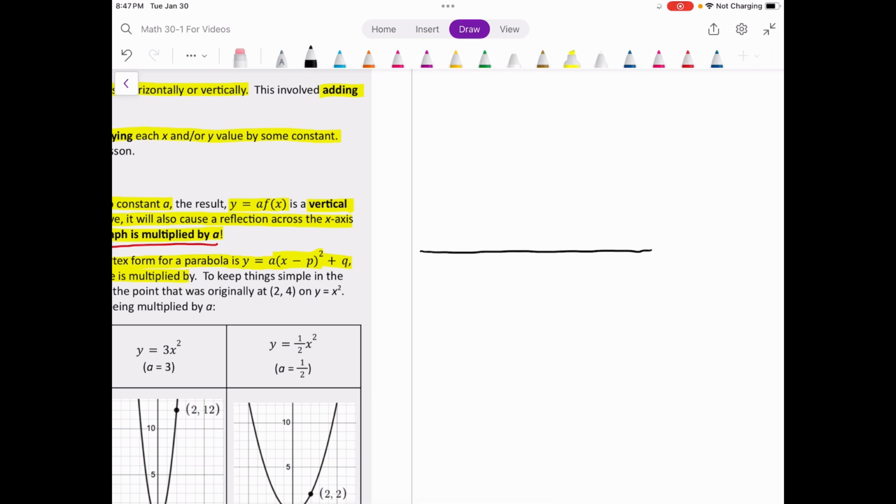So like if I had a parabola that I was going to vertically stretch, now, we don't do it in Math 30, but technically it is possible to vertically stretch it about the line y equals 2, let's say, right? And what that would mean is that from y equals 2, I'm going to stretch these upwards maybe, stretch those upwards, and I'm going to stretch this part downwards, right? From the line y equals 2.